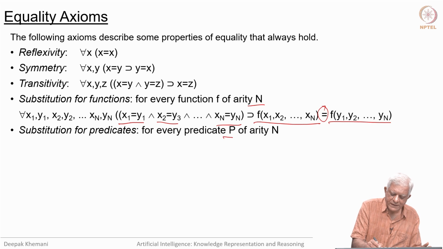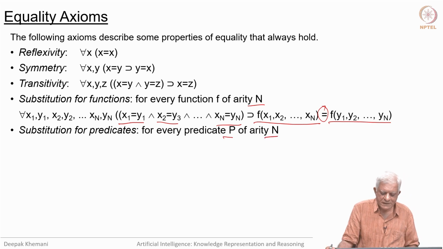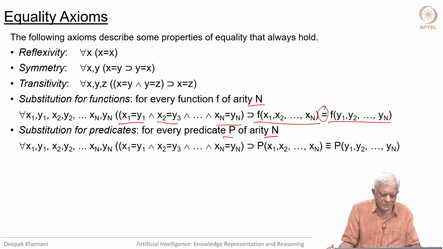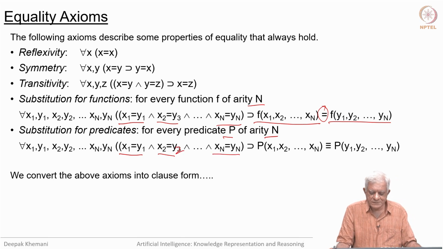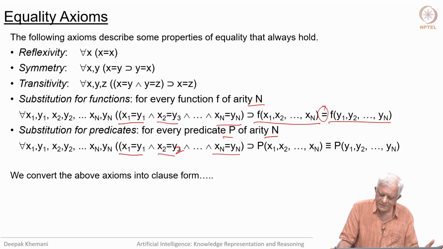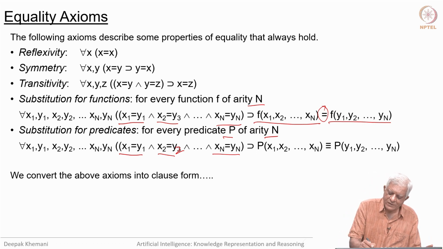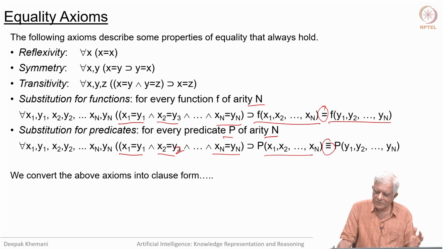For every predicate of arity n, a similar property must be true: if x 1 equal to y 1 and x 2 equal to y 2, up to x n equal to y n, then the predicate on x 1 to x n must be logically equivalent to the predicate on y 1 up to y n. We will see a couple of examples which illustrate how these axioms can play a crucial role in proving certain things.